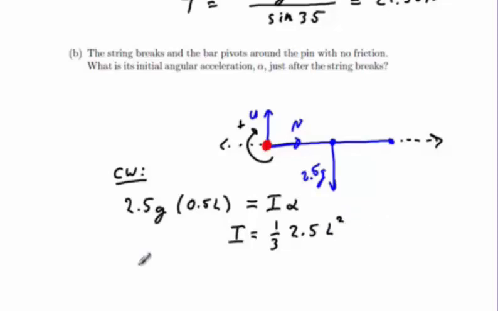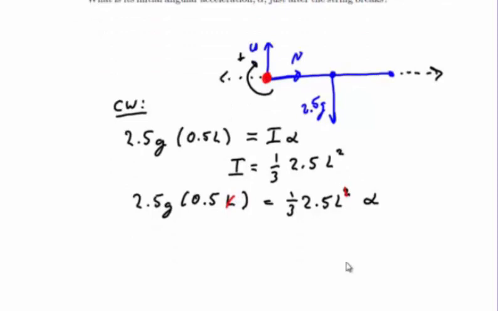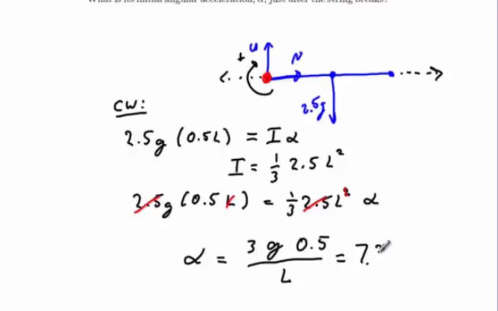Placing this into the prior equation, we find this result. One of the factors of L will cancel, leaving us with a final expression for the angular acceleration alpha, 3g times 0.5 over the length. Remembering that the length is 2 meters, we get the numerical result, 7.35.